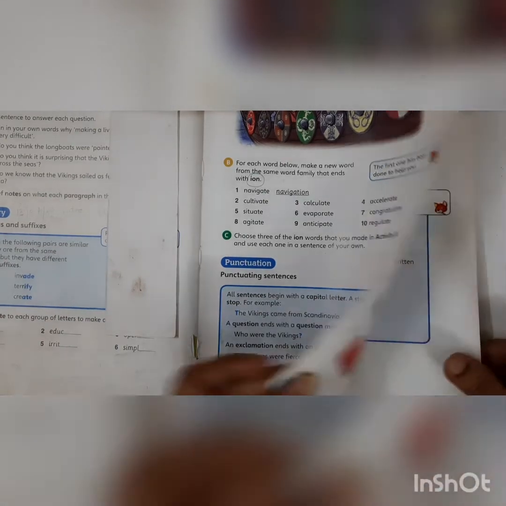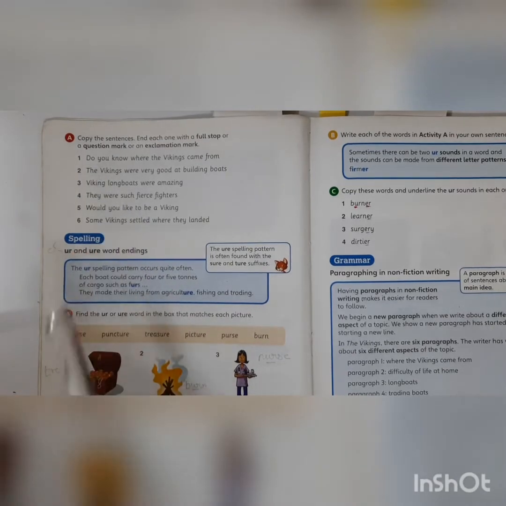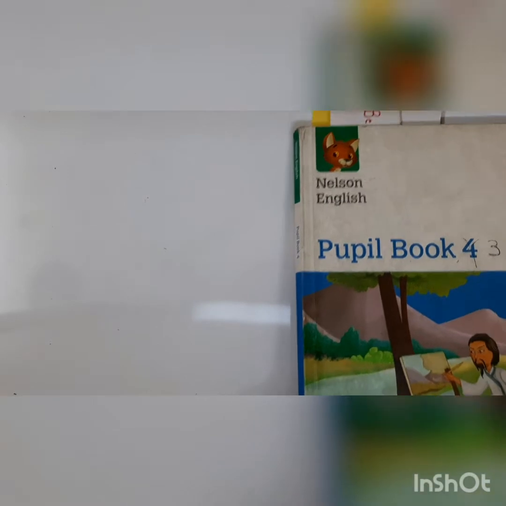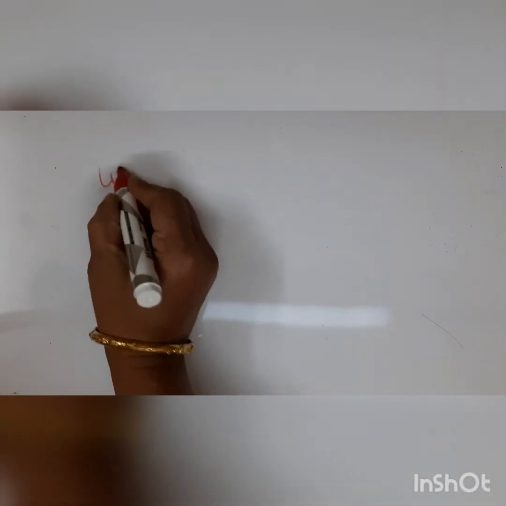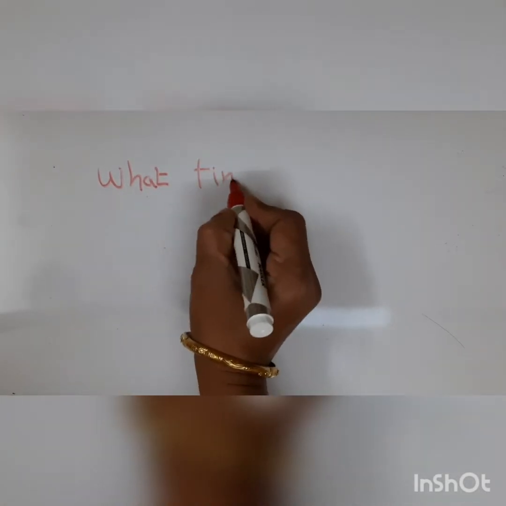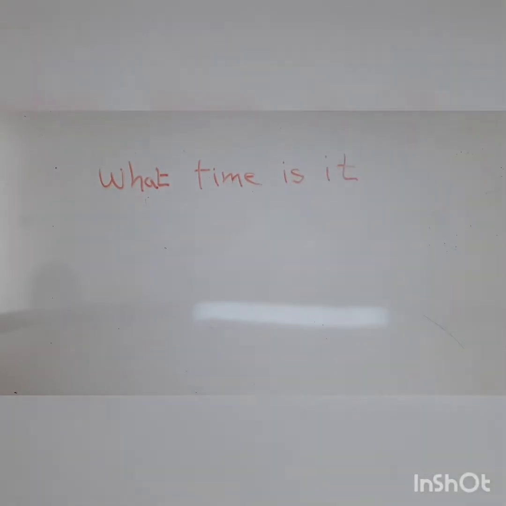Now, children, if you look at this exercise over here, okay, so mostly, children, this question sentences, just let me move this here. Like I said, what time is it? I'm asking you now, children, what time is it? Okay, so you have your classes at 10.